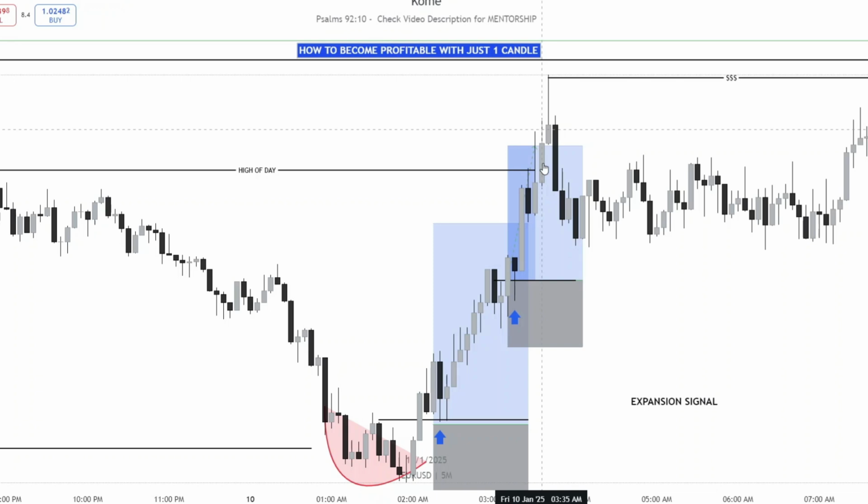I took my profit here at 1 to 3, right? But the one I sent to the Telegram channel was 1 to 2. So look at it here. Let me show you. I think this was yesterday's trade. Let me show you quickly so that you understand exactly what I'm talking about.